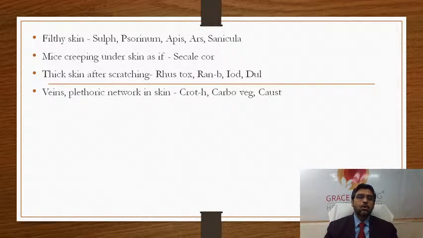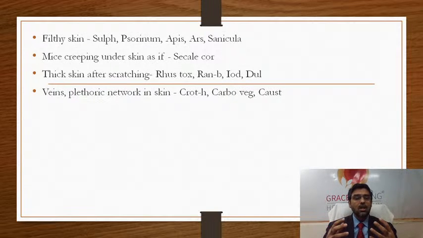Now this is very important. Veins, plethoric network in the skin. This is a very, very important symptom of these remedies. Think about Crotalus horridus, Carbo veg, and Causticum. You see the skin of the patient, and you can see the minute veins, the reddish, the bluish, the greenish veins on the skin anywhere in the body, and it is a very, very guiding symptom of Crotalus horridus, Carbo veg, and Causticum.